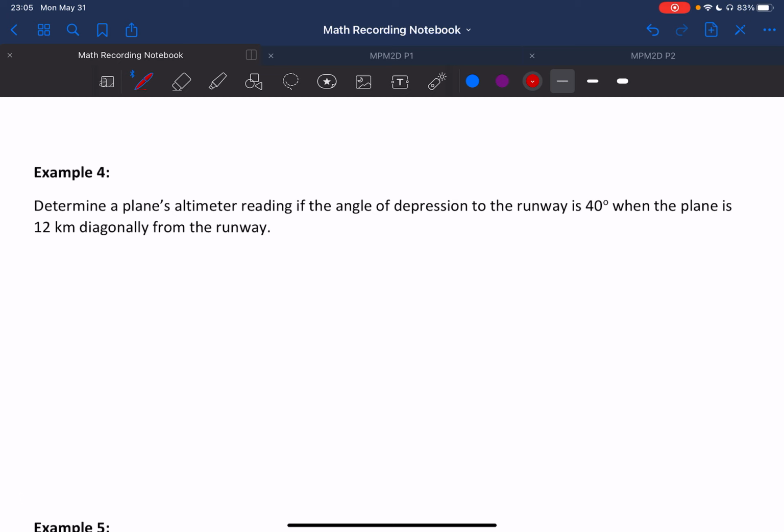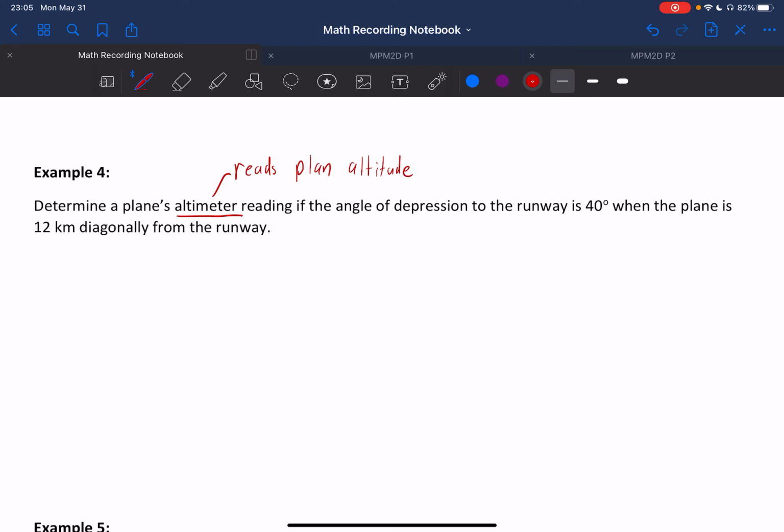Determine the plane's altimeter reading. So altimeter, this is a fancy little word, it reads the plane's altitude, how far they are off the ground in reference to sea level.